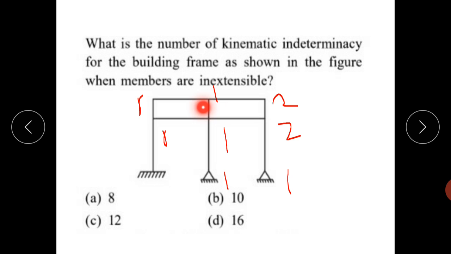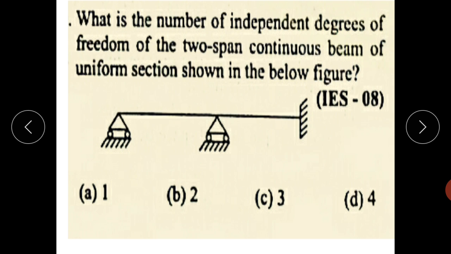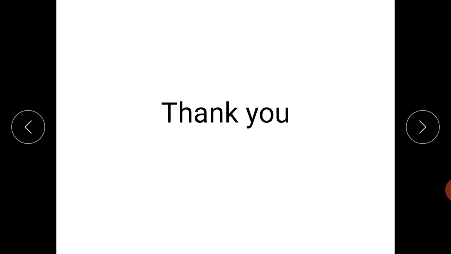Here common delta x, rotation, common delta x, rotation, here rotation, so 10. Here rotation and delta x, total DKI is 4. Thank you very much.